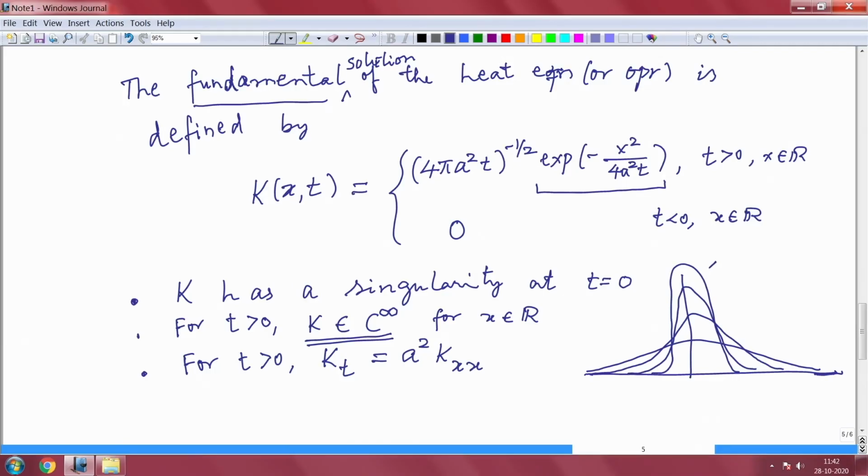So this shape is for t equal to t4, t3, t2 and t1, drawing x and k. Here t4 is less than t3 less than t2.